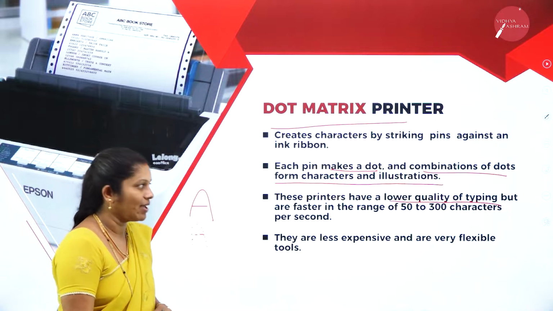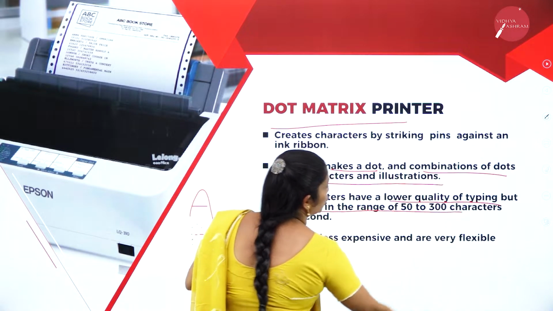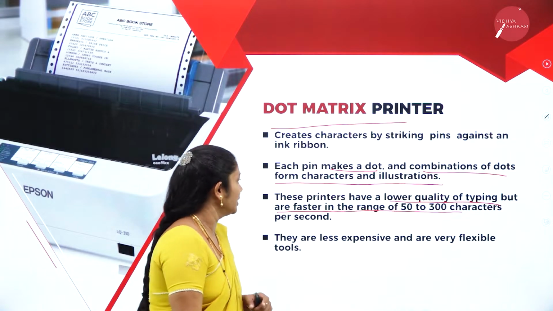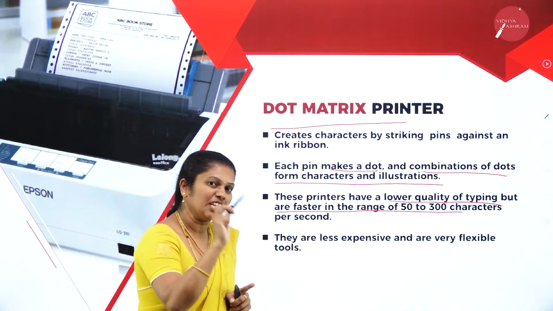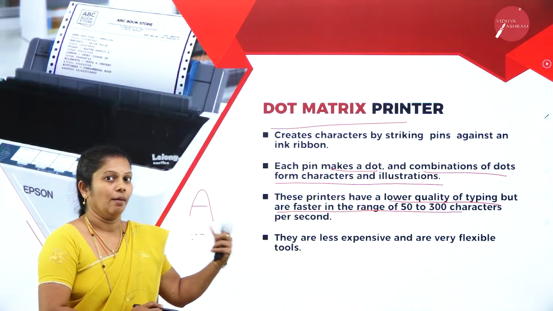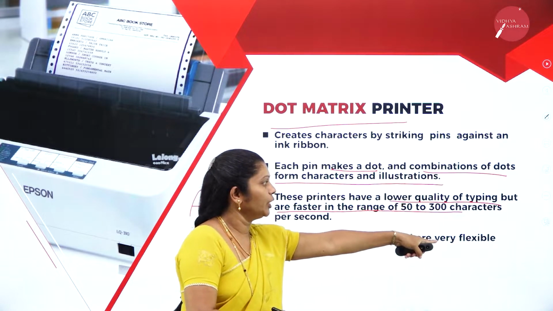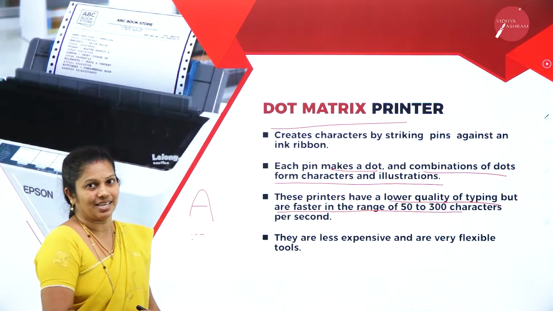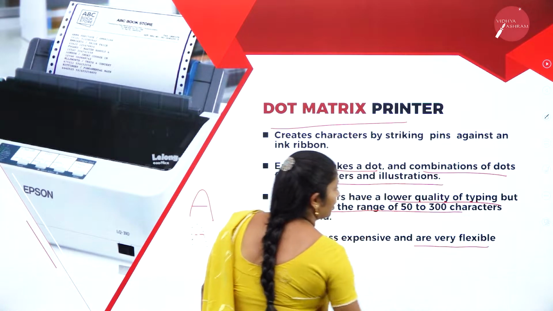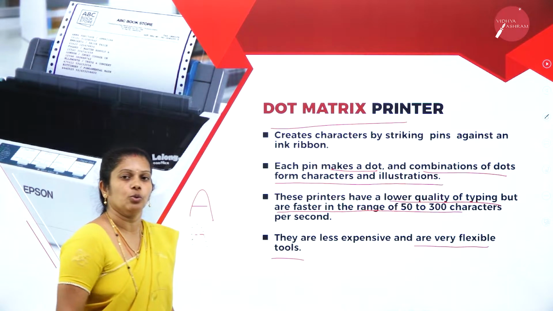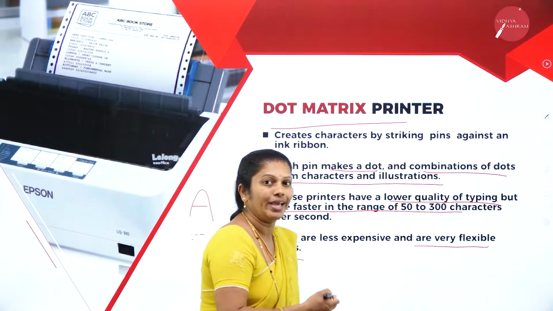Low quality we get here, but they are fast, in the range of 50 to 300 characters per second. Compared to a non-impact printer, it is slow, but here it can print around 50 to 300 characters per second. They are less expensive and very flexible also.